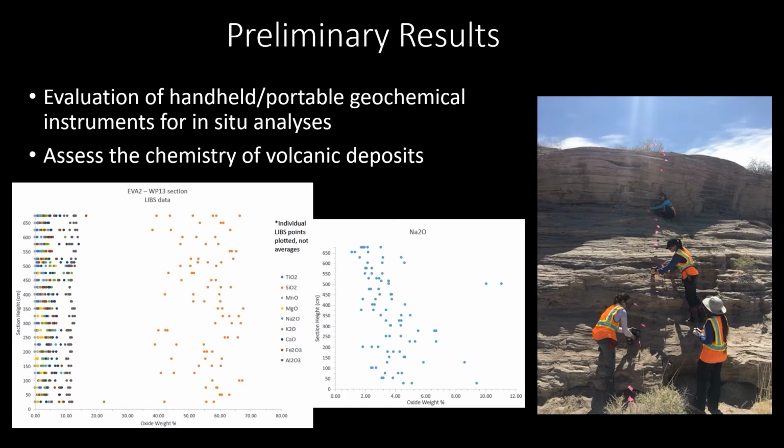This is done to evaluate these handheld or portable geochemical instruments for in situ analyses and assess the chemistry of these deposits. The plots show LIBS data from this section as you go up section for various elements you can see there. These are preliminary results, and we're still interpreting them.